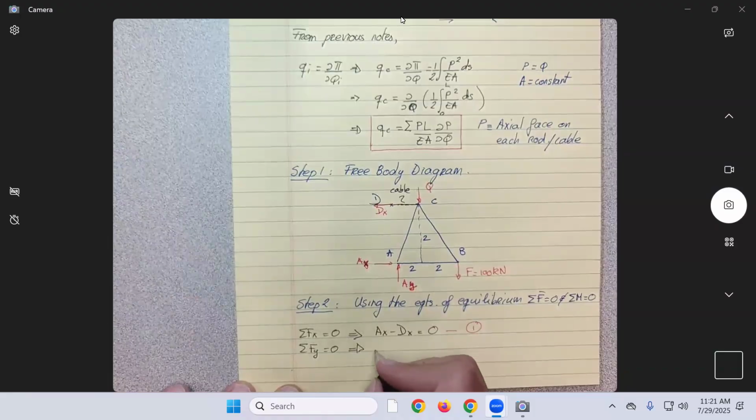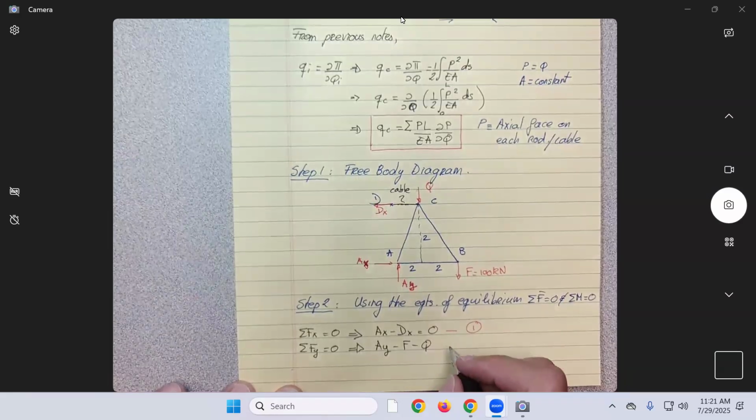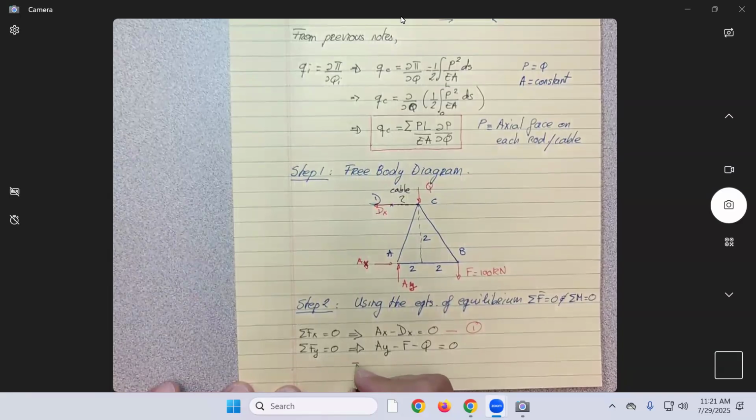So in y, we're going to have AY minus F minus the virtual force Q equal to 0. So AY equals F plus Q. Let me put a value, I should have put 100 for F. So AY will be equal to 100 plus Q.